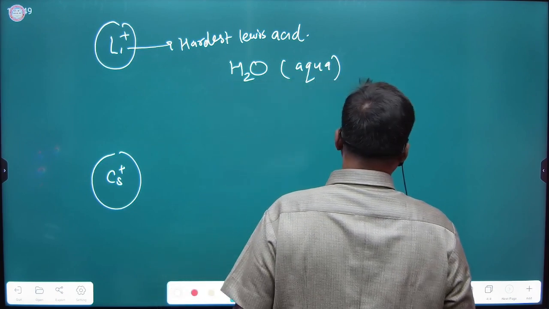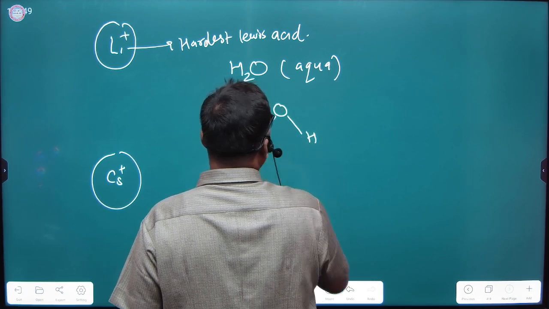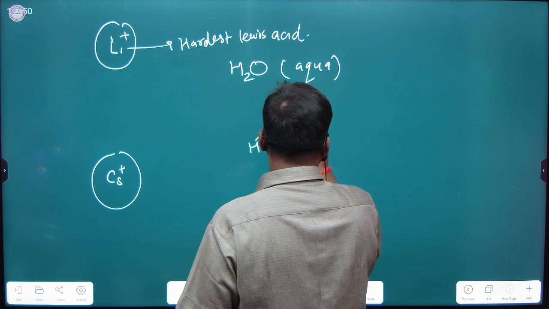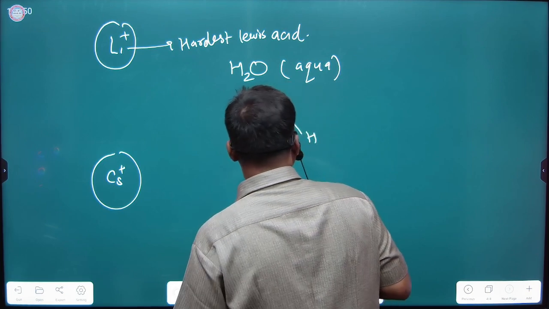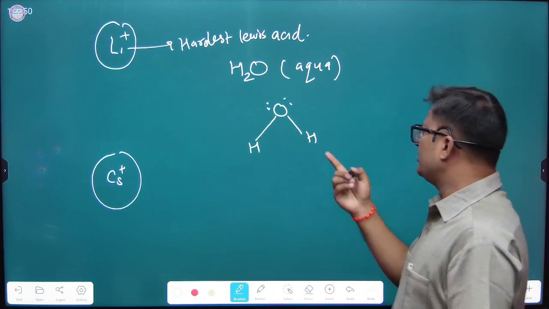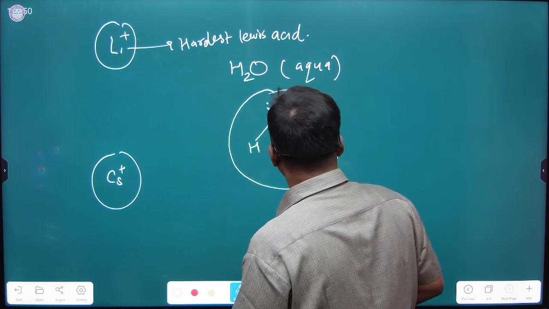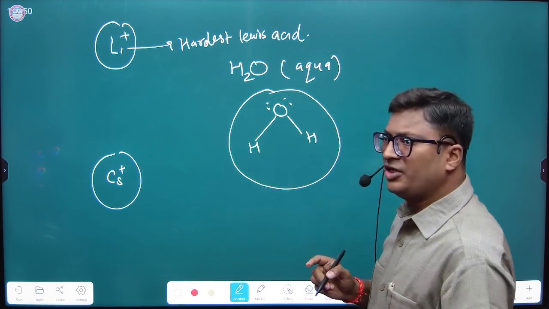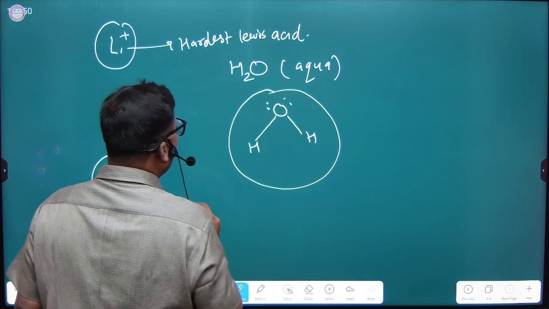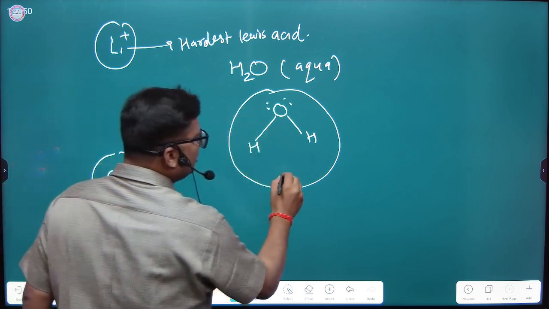The structure of H2O is O with two H, and there are two lone pairs of electrons on oxygen. So this is an electron-rich species, and it can donate to an electron-deficient species. Li+ is electron deficient and the aqua ligand is electron rich.